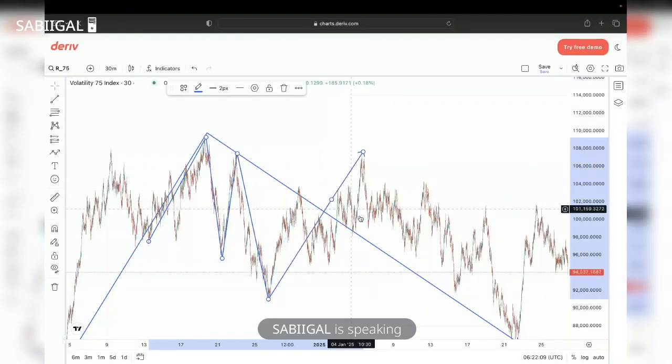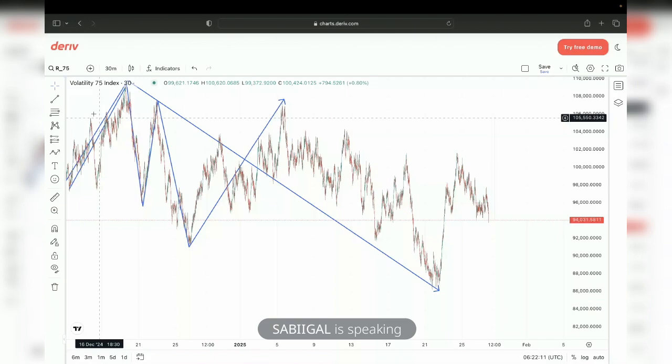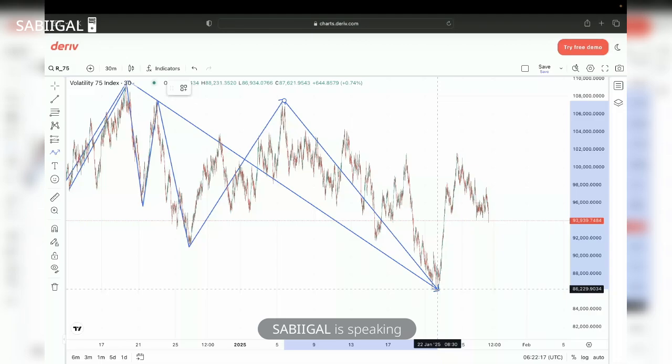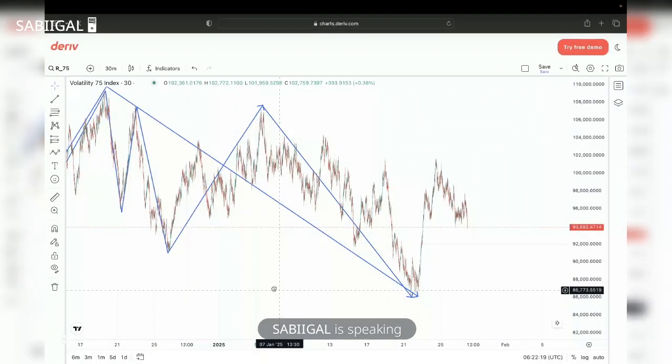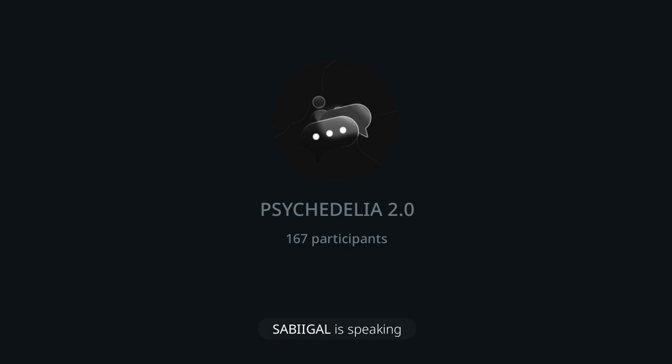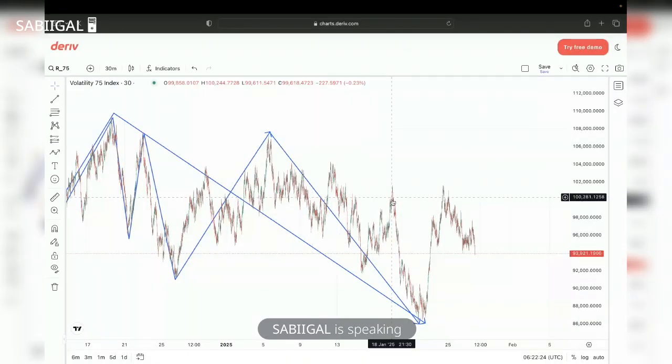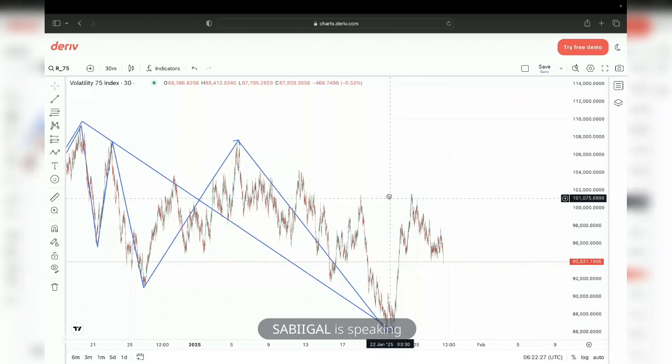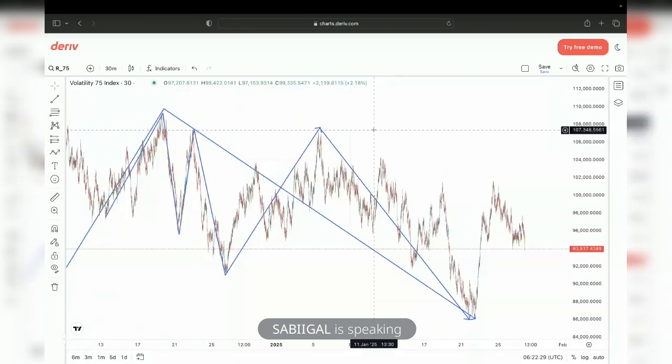Then this look. So internally we have these and all of these as structural liquidity. Okay. So price is not giving us any significant movement for this pair because it's still consolidating.